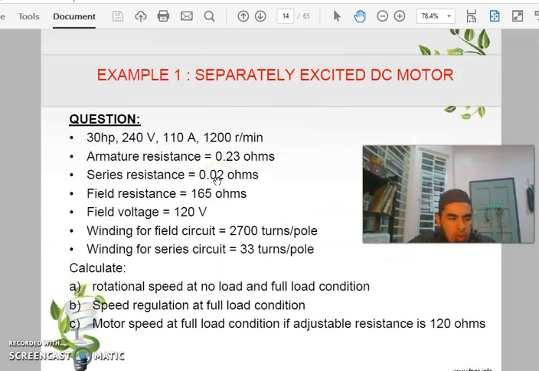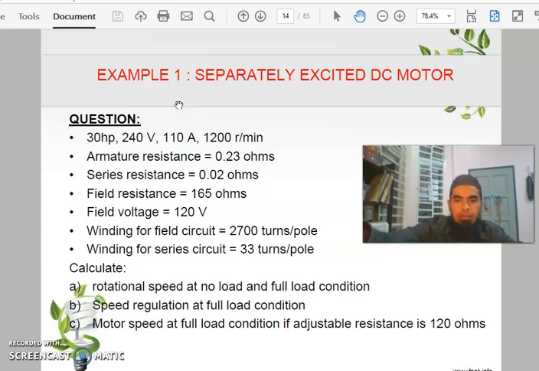Okay, let's do example number 1. Previously, I told you that we shall replace this example number 1 with the available example in the books, but we try to solve this example first, then we continue with the example in the book as our second task.